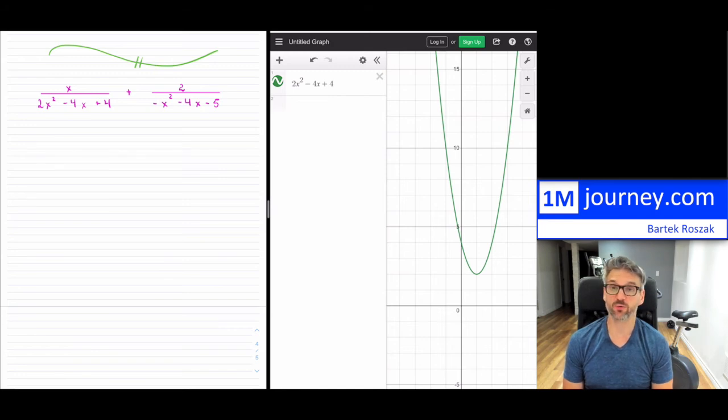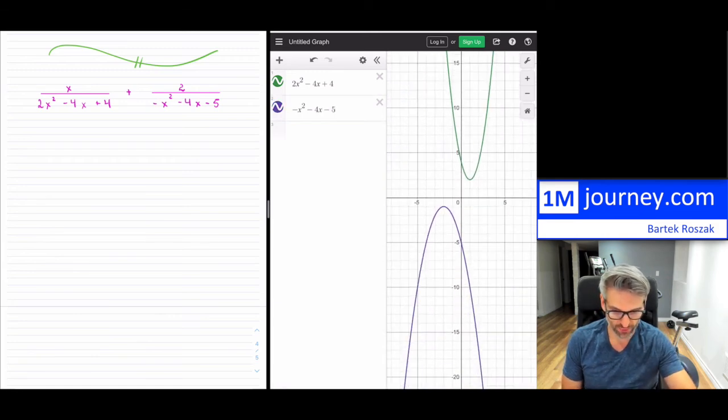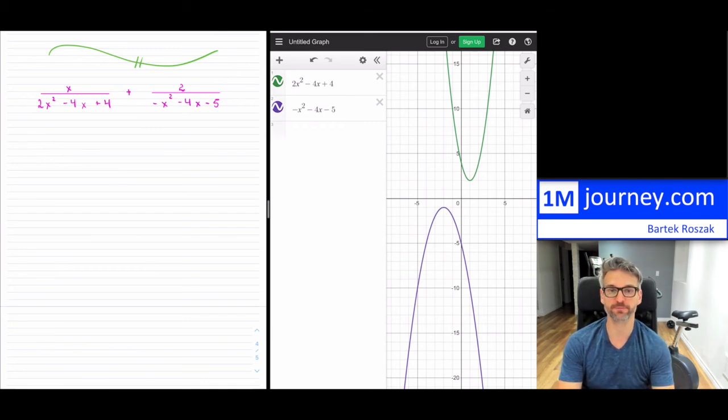Now the second one that we have, this one right here, we can try the same thing. So x squared minus 4x minus 5. Well, this is another parabola. Now we would know that it's pointing down because it's negative there. But we can see that this also doesn't pass through y equals 0.